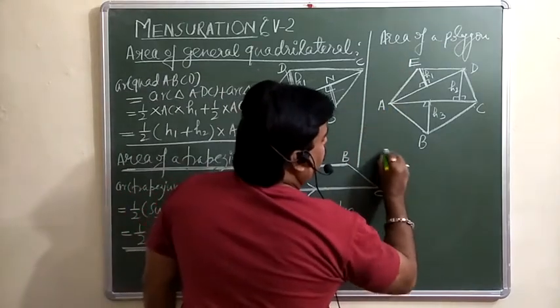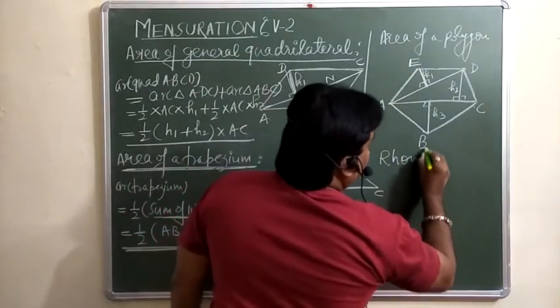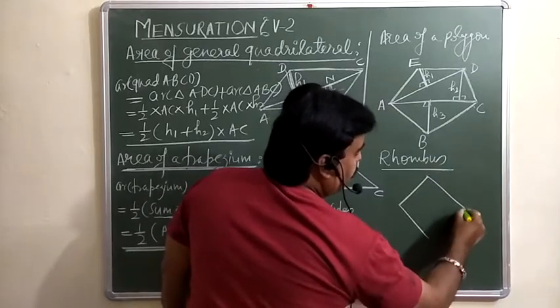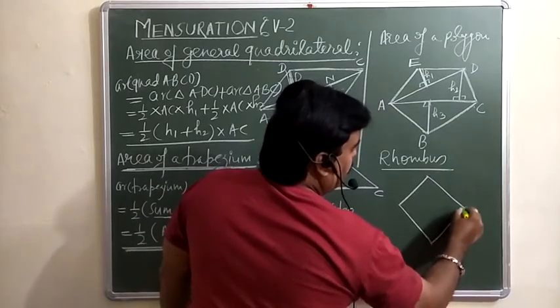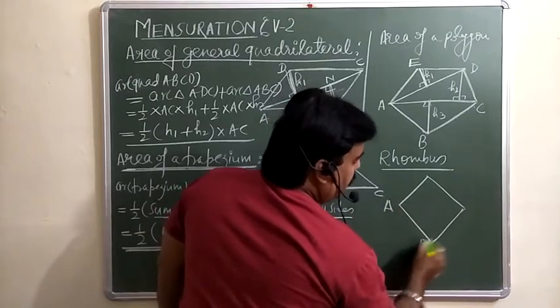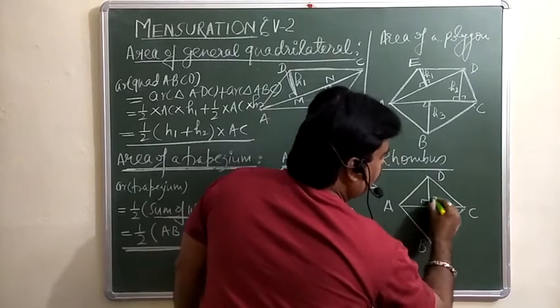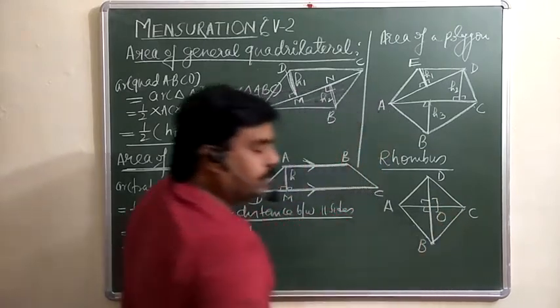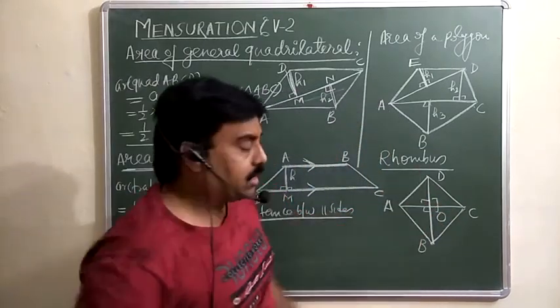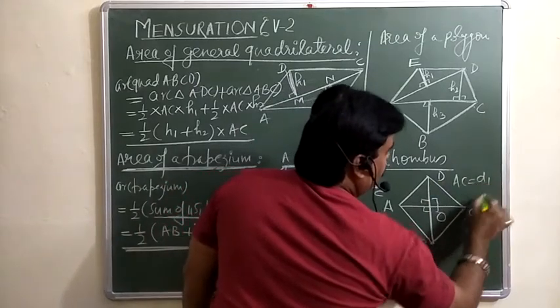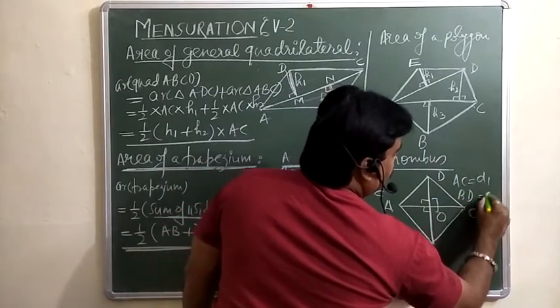Suppose rhombus is there, sometimes the rhombus is given. Rhombus में all the sides are equal, but they will give you the diagonals. Either the side will give you, or they will give you the diagonal is there, because diagonal bisect to each other at 90. Rhombus में क्या है, diagonals है ना, वो 90 पे bisect करते हैं. तो if you know this is, let us suppose AC, you can assume D1 and BD is the diagonal D2.